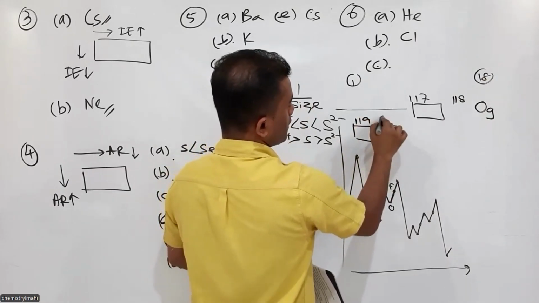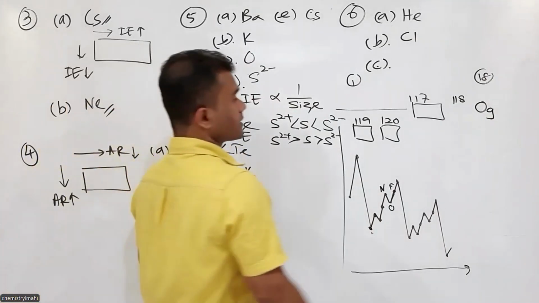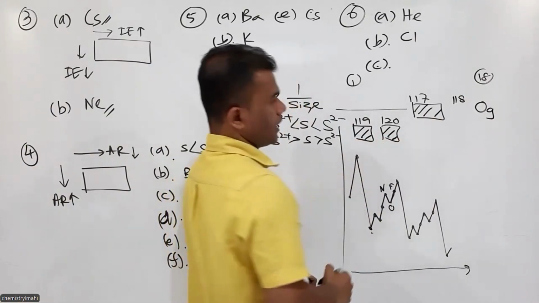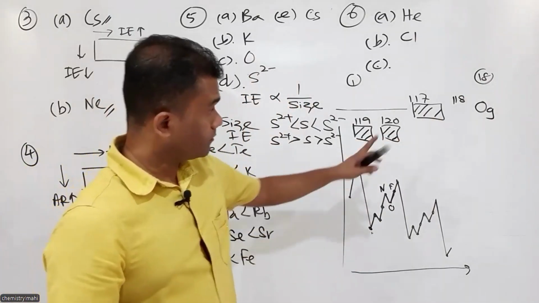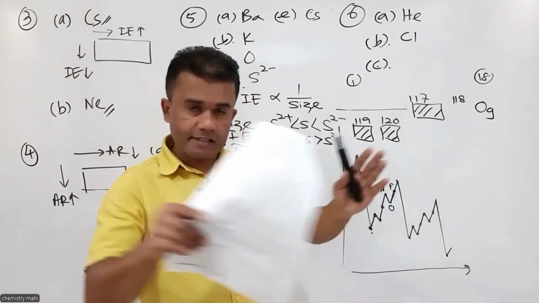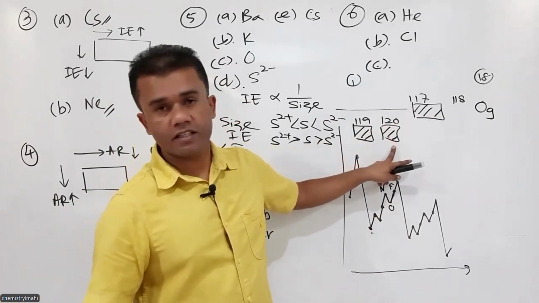This is where you have 120. 117 here, 119 here, 120 here. Between this one and this one, we have a large number of groups. The distance is large.